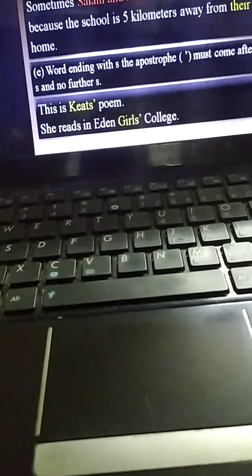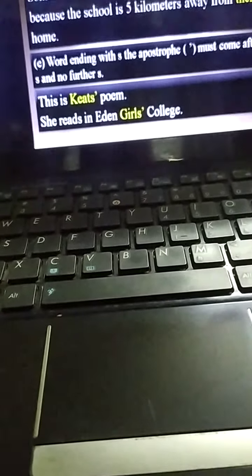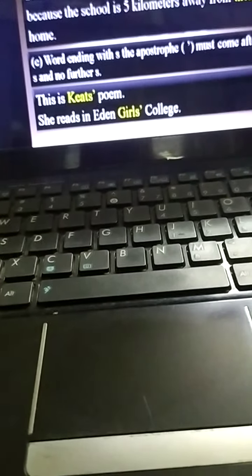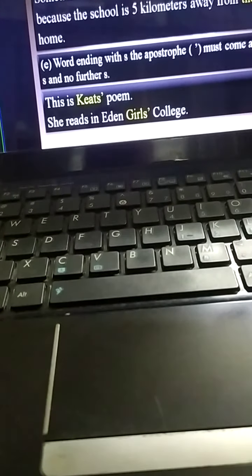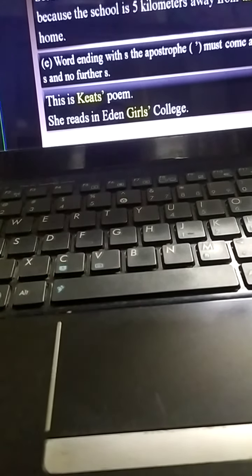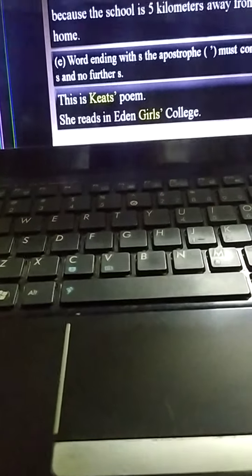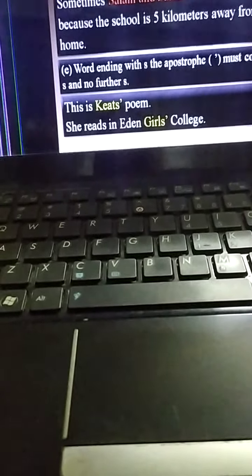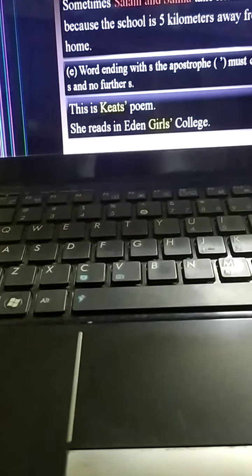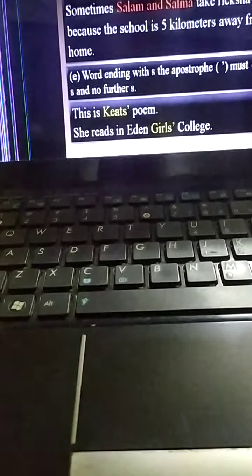The word Keats ends with the letter s, and for making it possessive, you have to use only an apostrophe, but after the apostrophe no s.